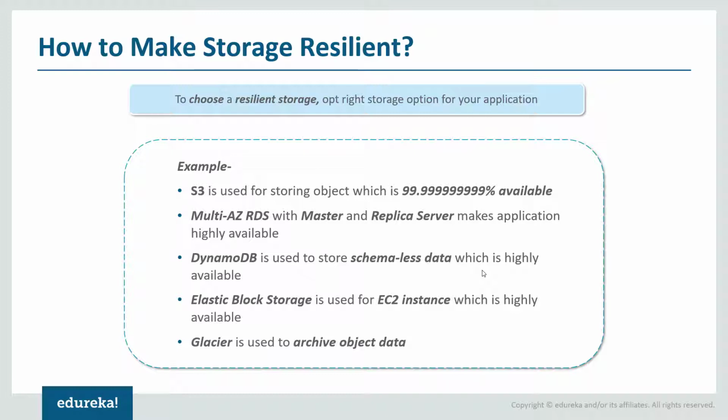The other is a multi-AZ RDS with multiple masters, or a master and read replica. You can use DynamoDB, which is schemaless, for high availability. You can use Elastic Block Store with an EC2 instance, or you can use Glacier to archive data for long-term retention.